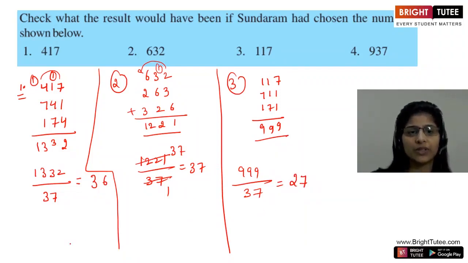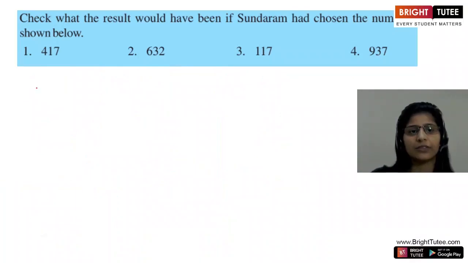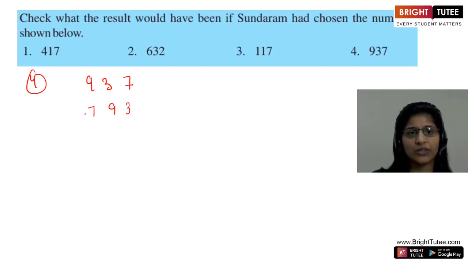Now the fourth part also we have to try. In the fourth part, what is given? 937. So first bring 7 at one's place and shift these 9 and 3. Now bring 3 at first place, shift 7 and 9. Now we have to add them. 7 and 3 is 10. 10 plus 9 is 19. 1 is the carry.